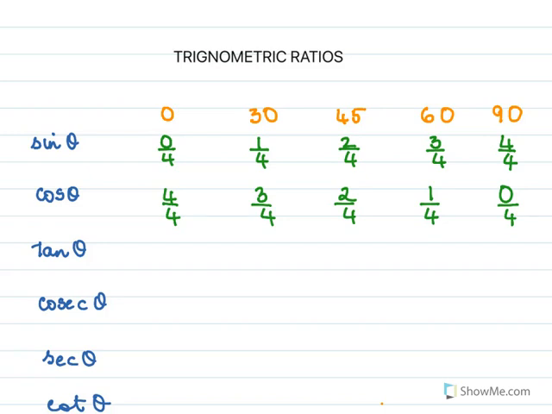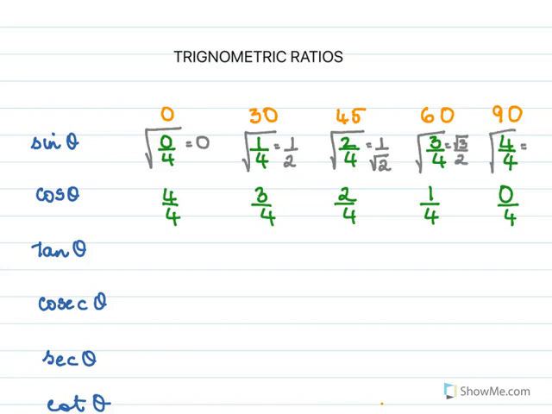Now next you find the square root of each. The square root of 0 is 0. The square root of 1 by 4 is 1 by 2, and that's your ratio. The square root of 2 by 4 is 1 by under root 2. The square root of 3 by 4 is root 3 by 2.